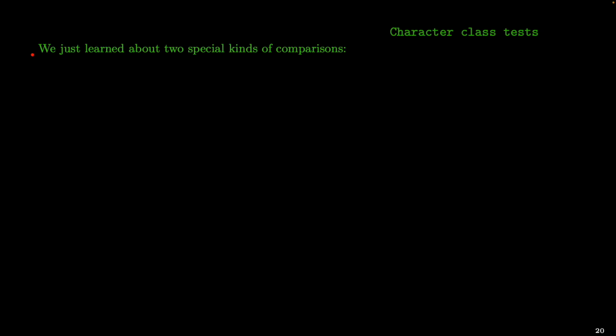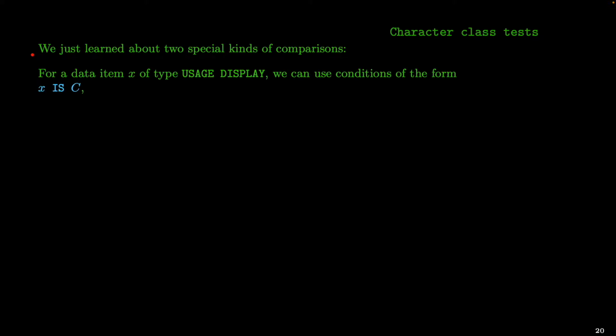And just a few minutes ago, I told you about 2 special kinds of comparisons or choices of operands for those. And the first one is the character class test. So assume we're given some data item X that is of type usage display. So it could be a string, an alphanumerical variable, or it could be a number that is defined with usage display.